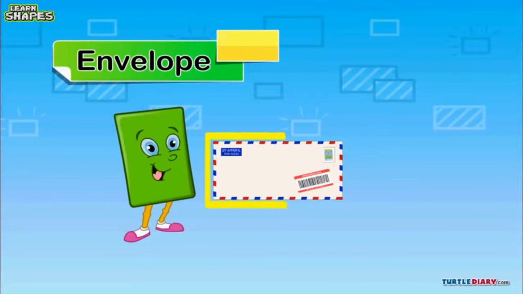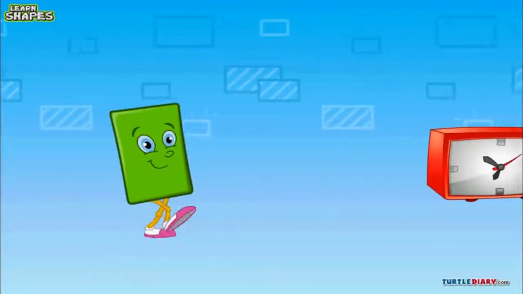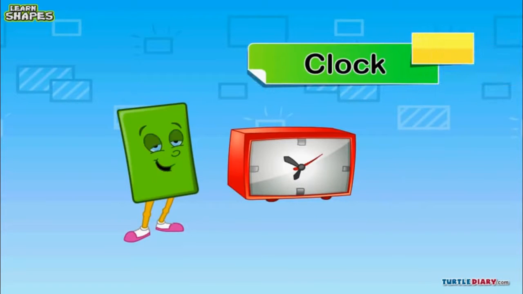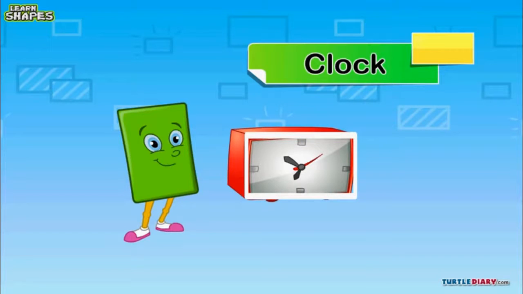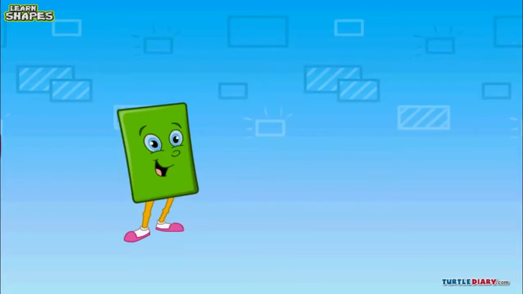The letter is a rectangle, like me. Here comes our friend the clock. But what shape is it? You've got it. It's a rectangle. The clock tells me it's time to go now. See you later.